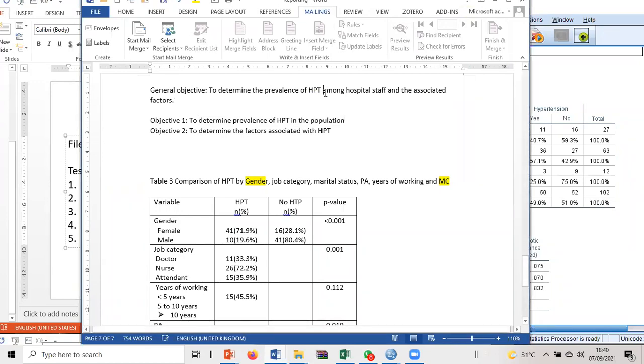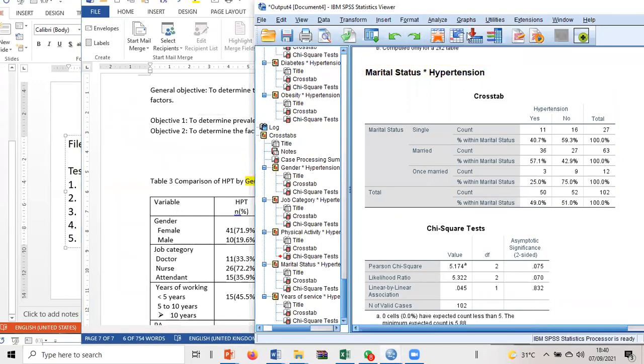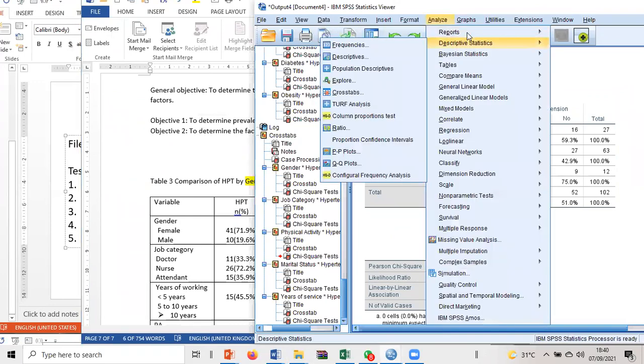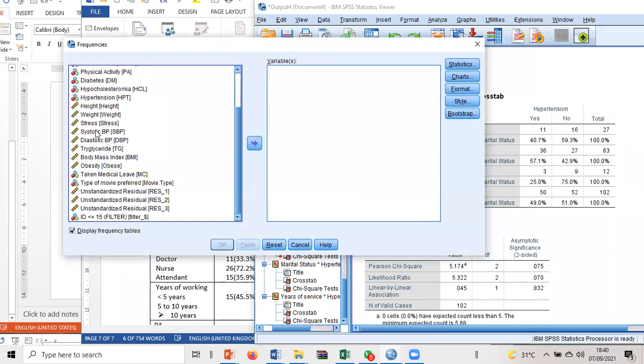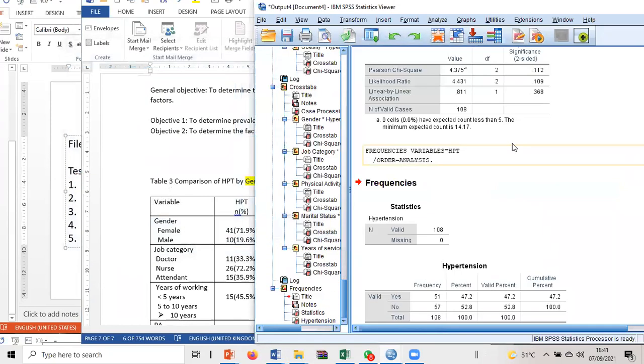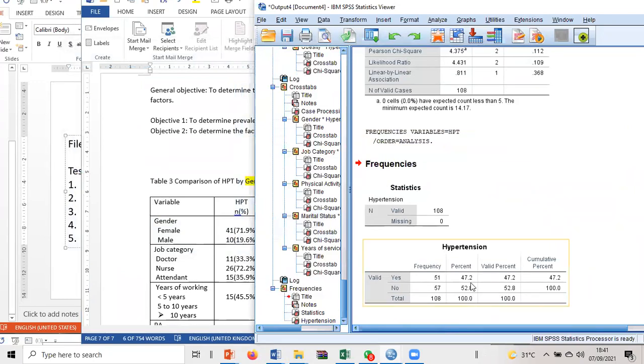The first question, what's the prevalence of hypertension? You do a frequency. So go to analyze, descriptive statistics, frequencies. Bring in hypertension. What percentage are hypertensive? 47.2%, right?